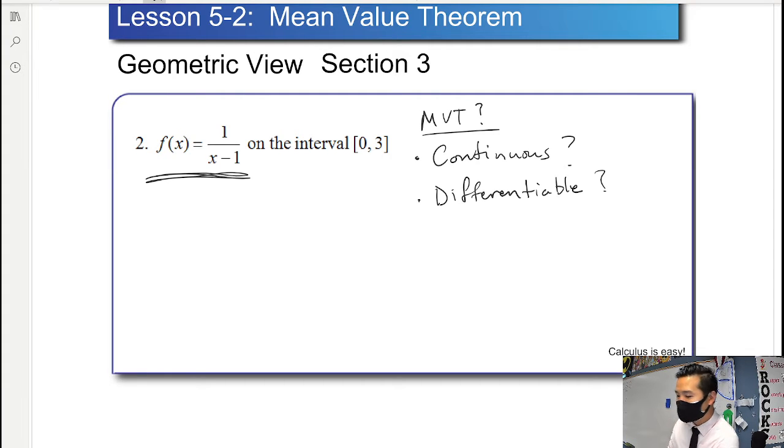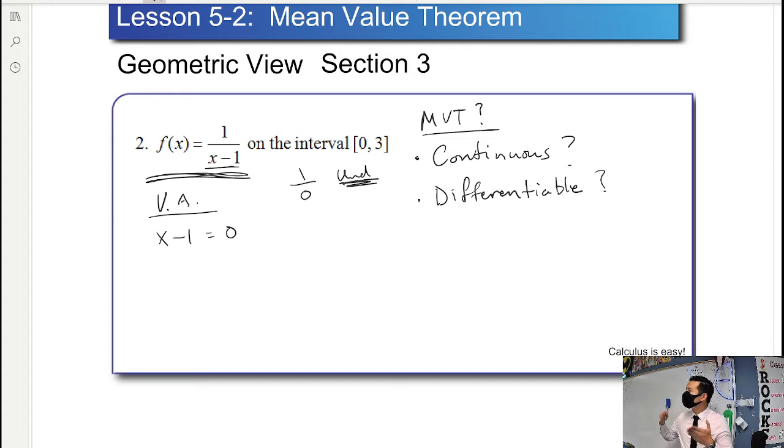How do we figure that out? Set the denominator equal to 0. We're going to have a vertical asymptote when x minus 1 is equal to 0, because we'll end up with 1 over 0, which is undefined. That happens when the bottom is equal to 0, when x minus 1 is equal to 0, and we solve for that.